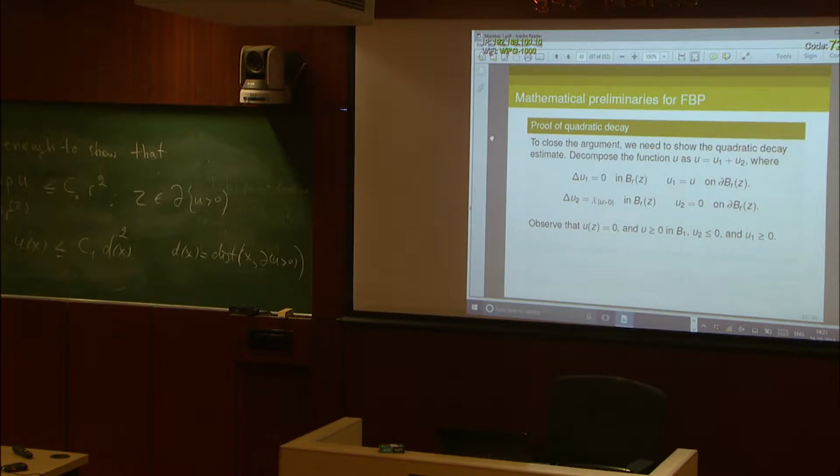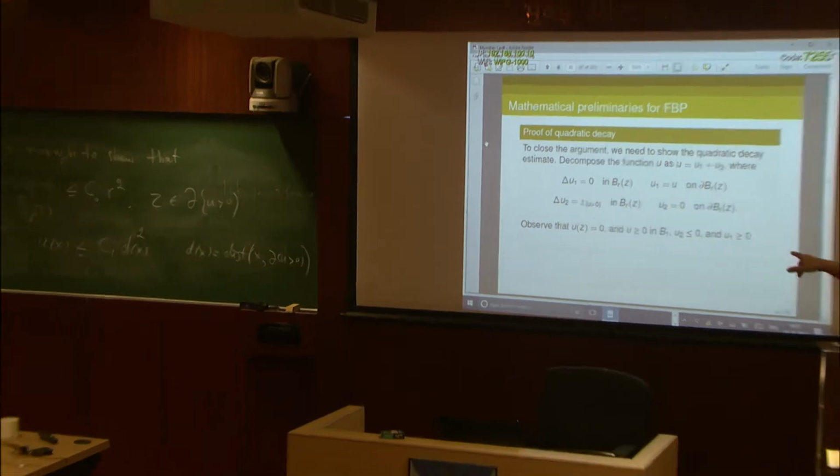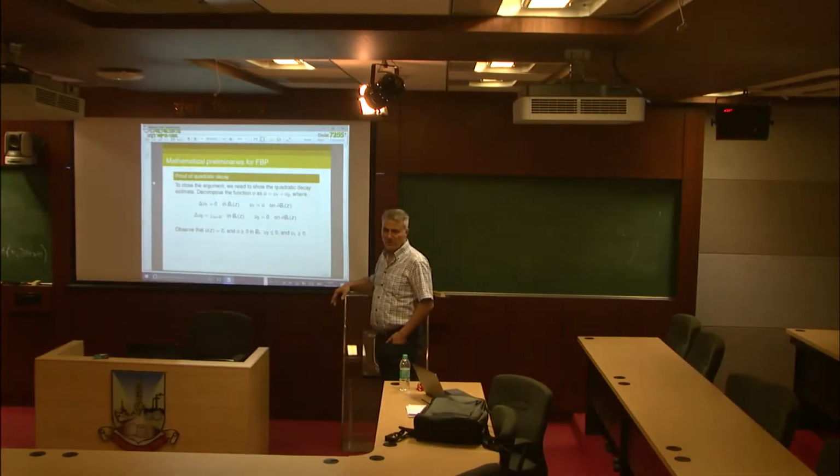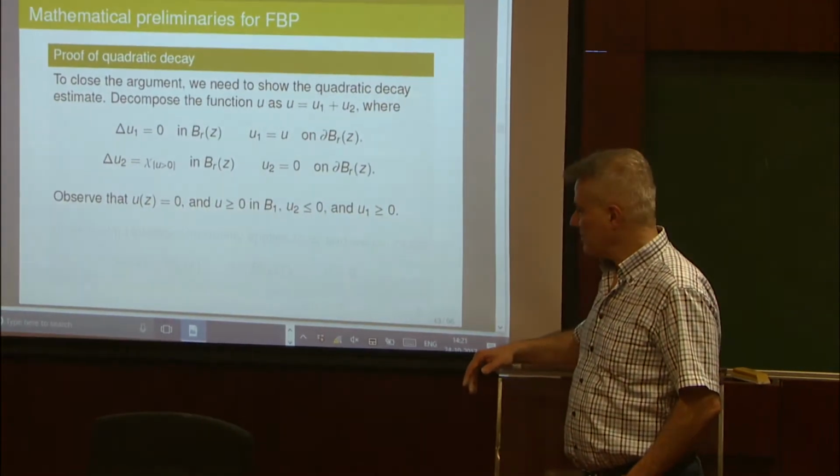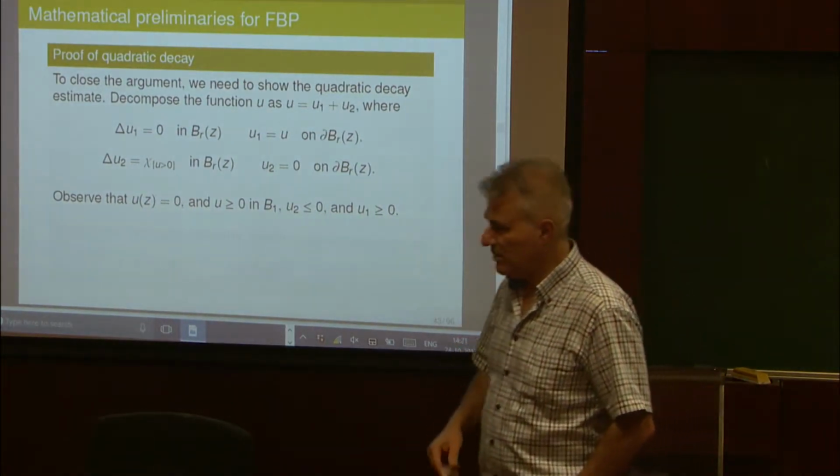So U2 is a subsolution. Agree? It is a subharmonic function. A subharmonic function has values which are less than or equal to the maximum on the boundary. But on the boundary you have 0, so the function has to be less than or equal to 0 because it's subharmonic. So U2 is going to stay below 0.